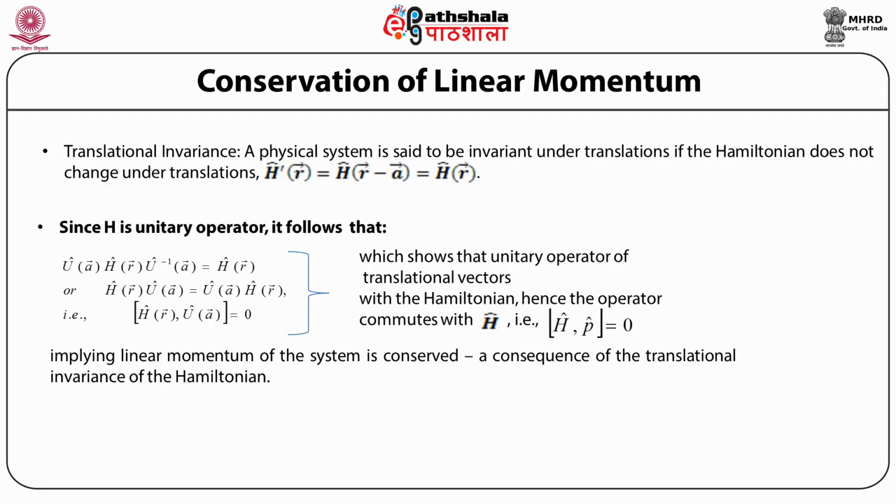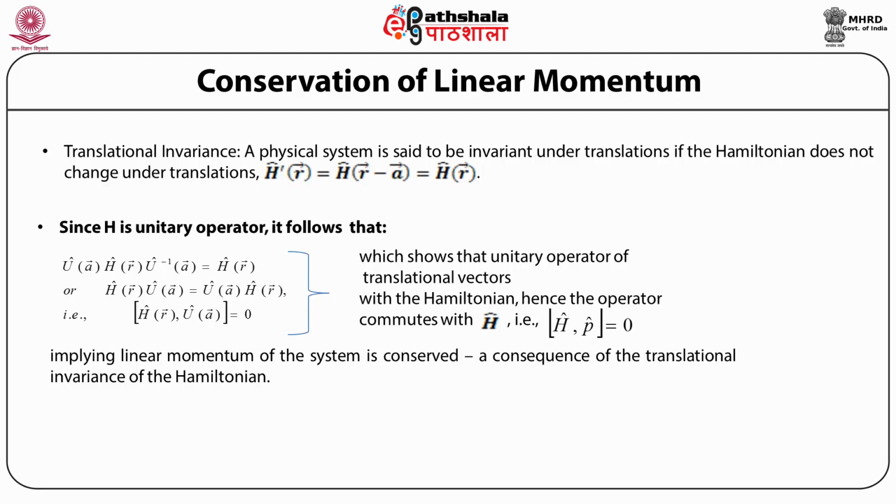Or the Hamiltonian operator H, the translation operator U as a function of position vector a, is equal to the translation operator U as a function of position vector a, the Hamiltonian operator H as a function of position vector r.